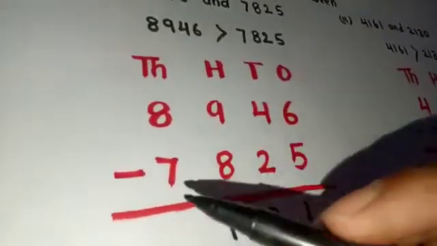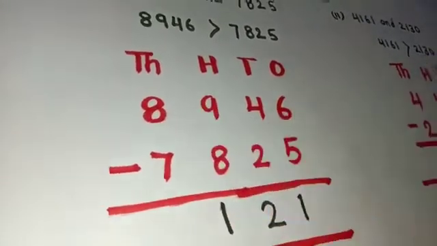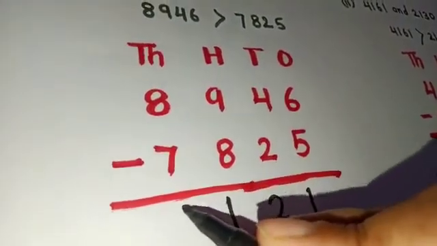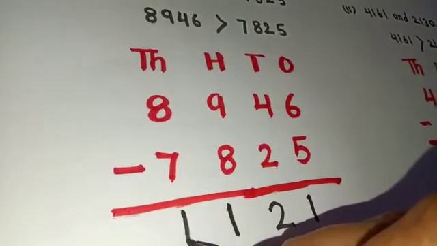Now 7 is subtracted from 8, so we will get 1. So we write here 1.